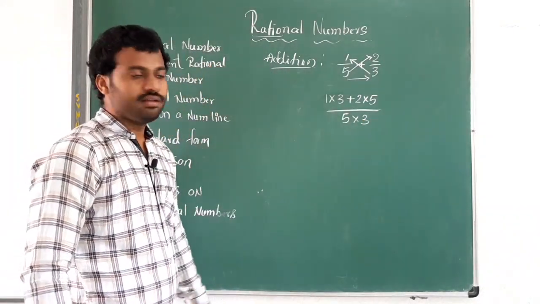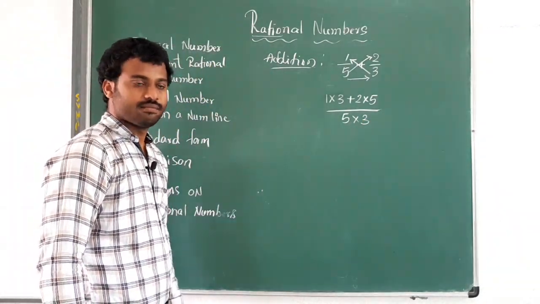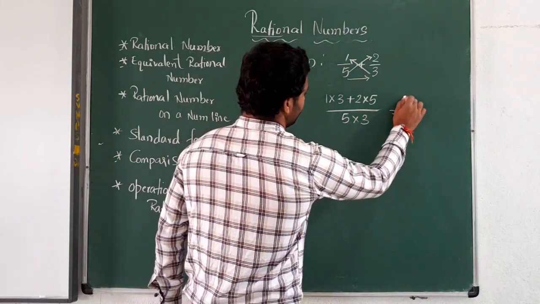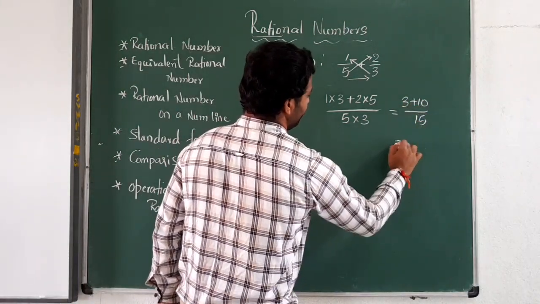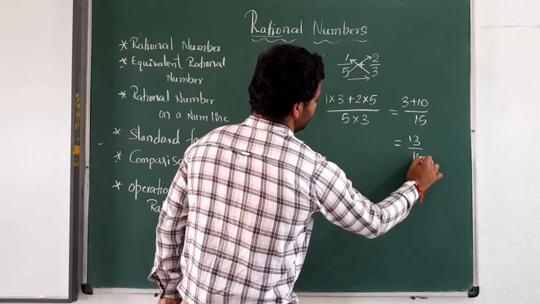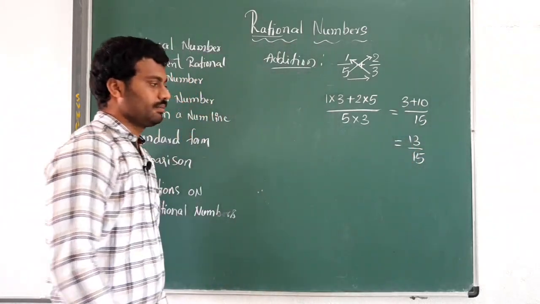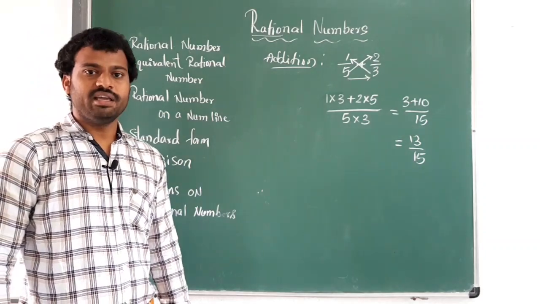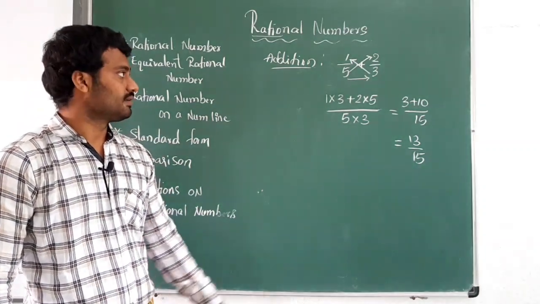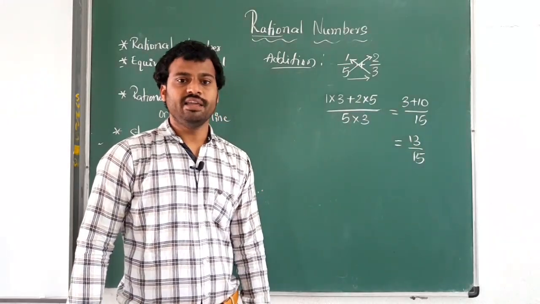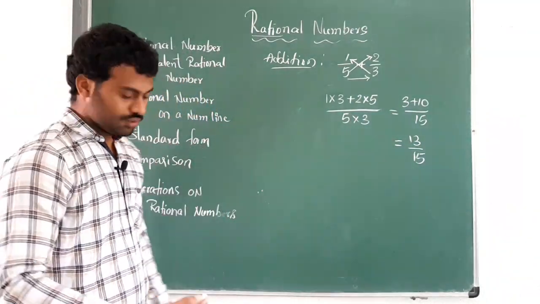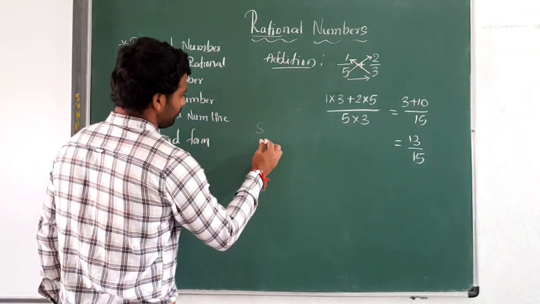Just simplify it, we get the answer. 3 plus 10 divided by 15, that is equal to 13 by 15. 13 by 15 is the answer. 1 by 5 plus 2 by 3 answer is 13 by 15. So what about subtraction?